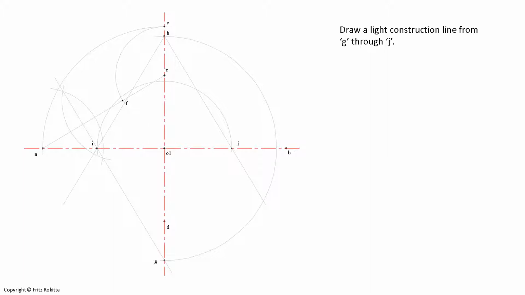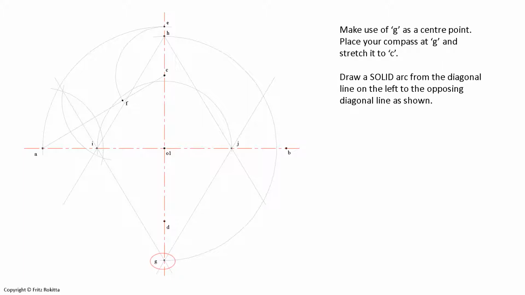We will now use our ruler again and draw a light construction line from point G through point J with an extended light construction line that duplicates what we did from H through I and J, and we will see that we have the same effect from point G through point J. In the next step, we need to be very careful where we place our compass.